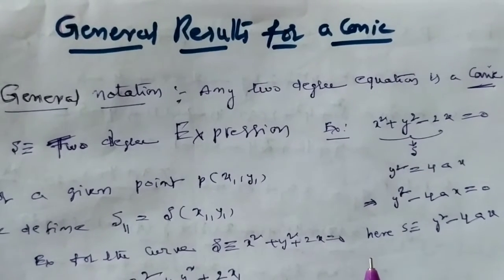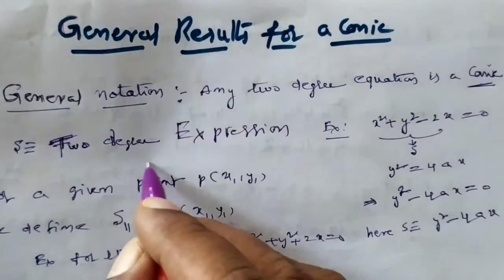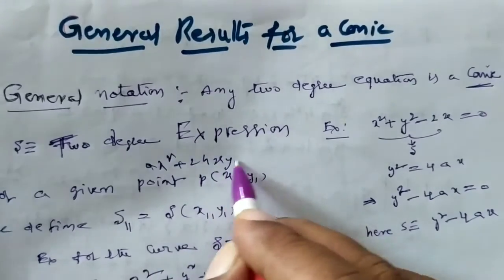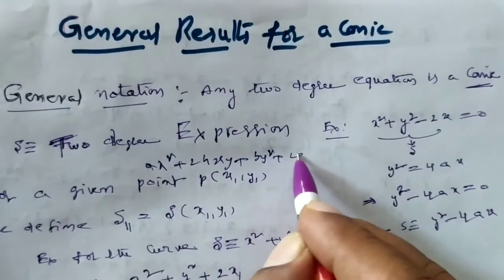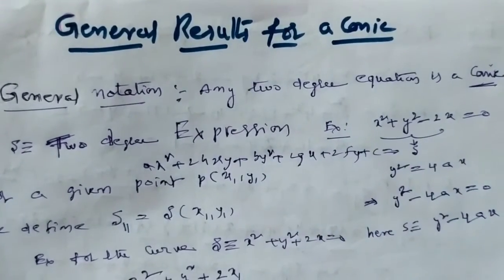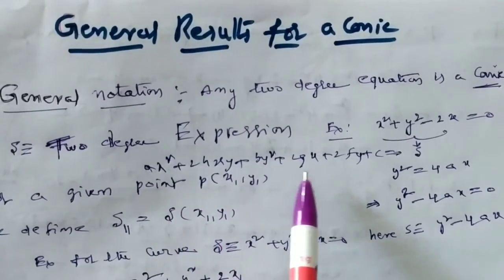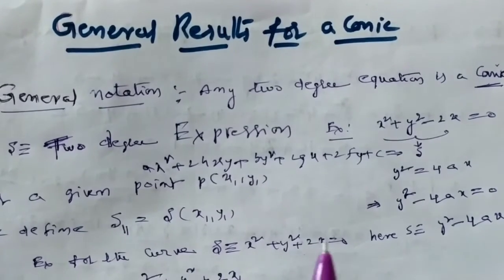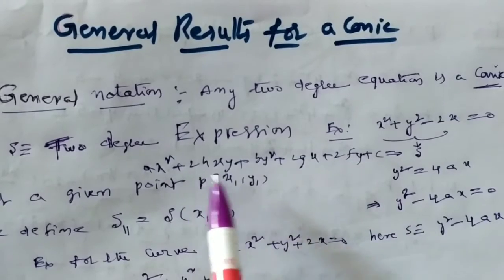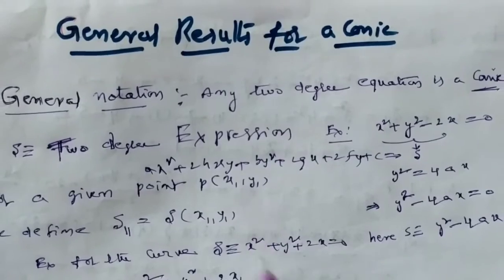In general, the conic equation is ax square plus 2hxy plus by square plus 2gx plus 2fy plus c is equal to 0, the general equation of a conic, where a, h, b, g, f, c belong to the real number set. Some terms may be missing, but any 2-degree equation represents a conic.